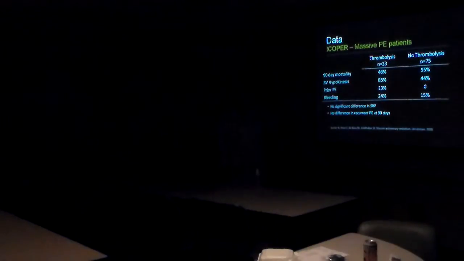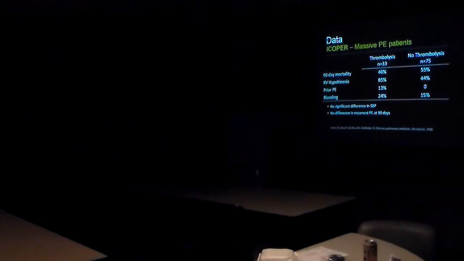And then bleeding, 24%. A quarter of them had some bleeding. The explanation of what bleeding was in this study, if I remember correctly, was not very well described in the article itself, which is another problem with a lot of this data. But it was significantly higher than the no thrombolysis group, although they even had 15%.